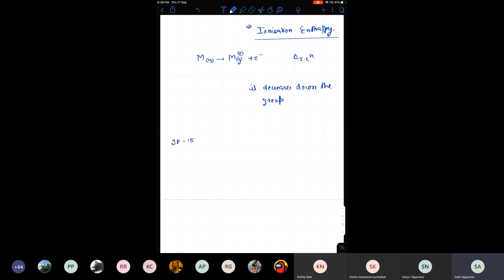Group 15 elements have more ionization enthalpy than group 14 and group 16. Why? Half-filled p subshell. Very good.